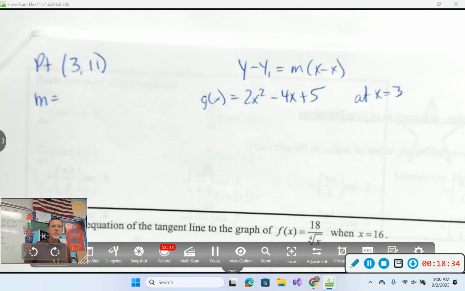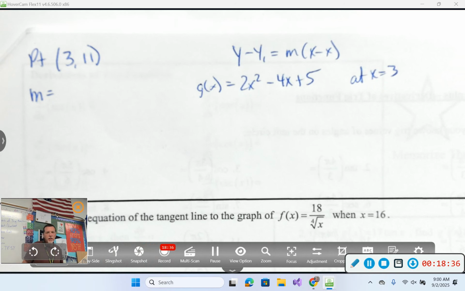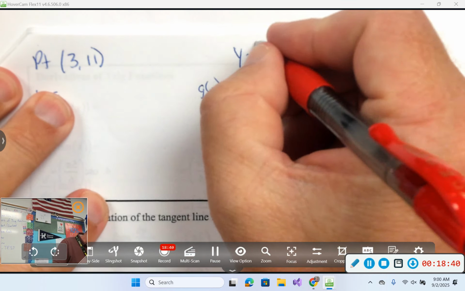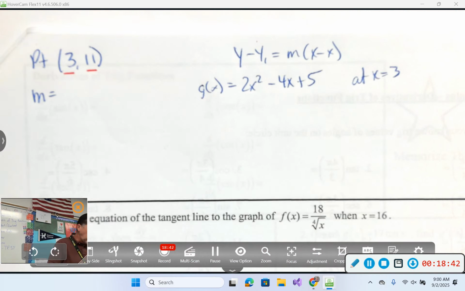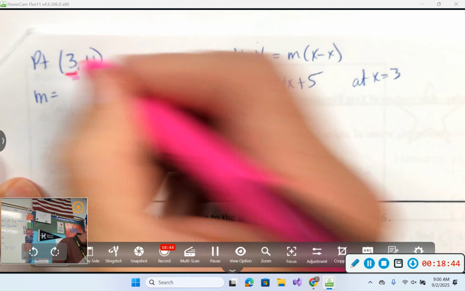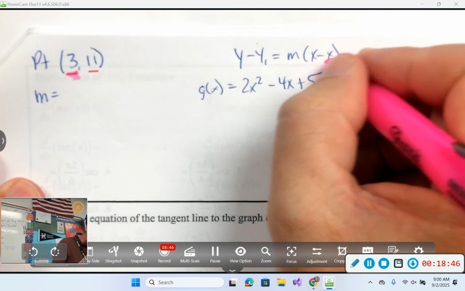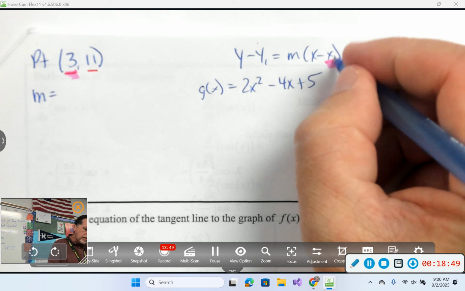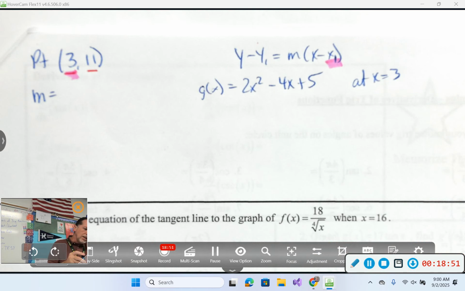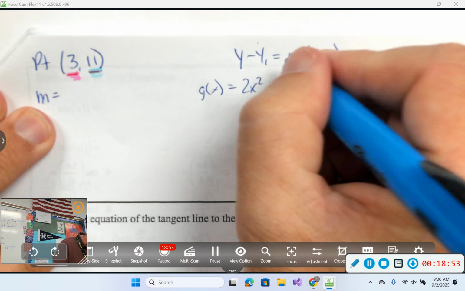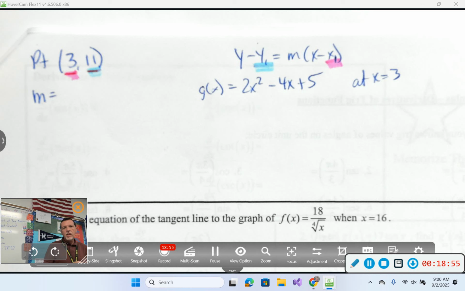Okay, so kind of starting over here. I found the point already. So the point, now I know 3 will go in for x1. 11 will go in for y1. But now I need the slope.